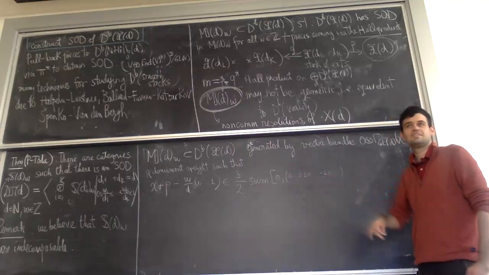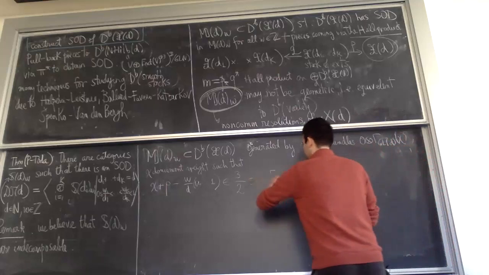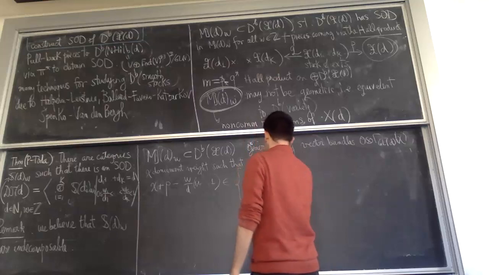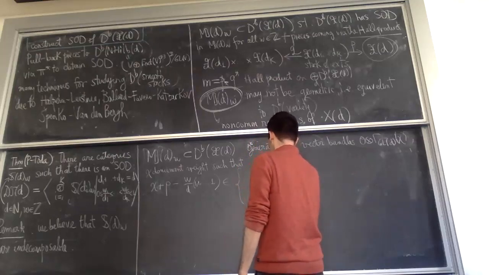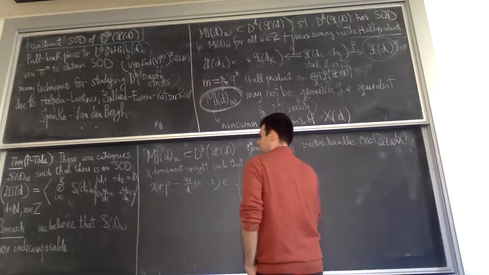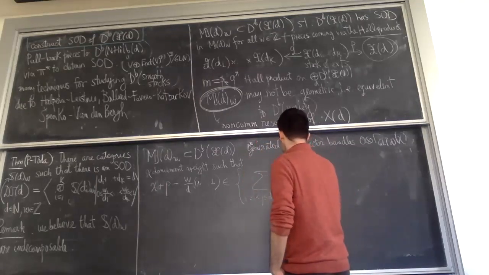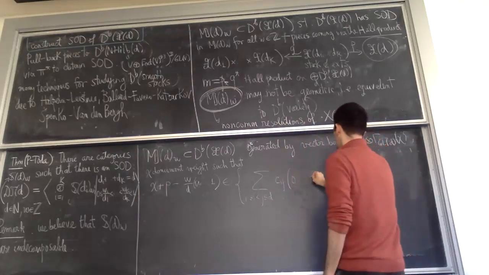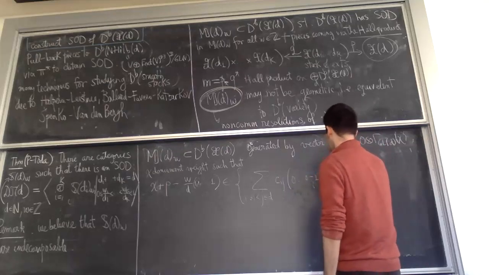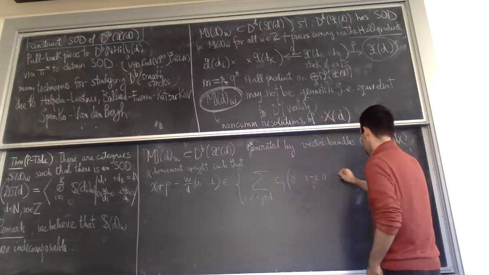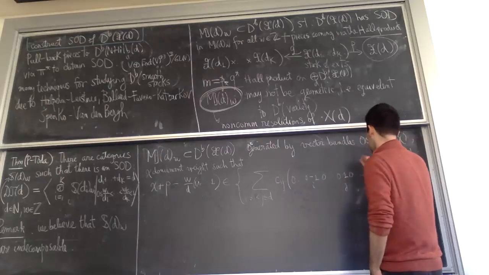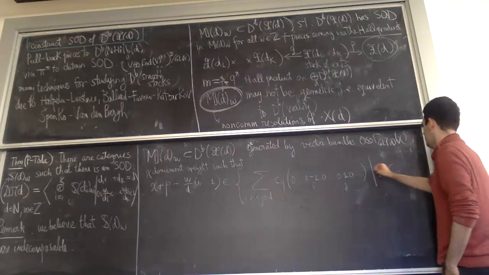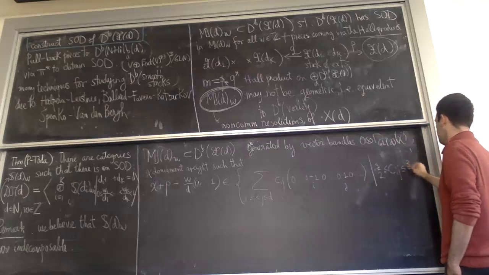Does this make sense? Okay, maybe I can make it better. This is inside the sum over i less than j of Cij, where minus 1 is in position i and 1 is in position j, with the property that Cij are between minus 3 over 2 and 3 over 2.